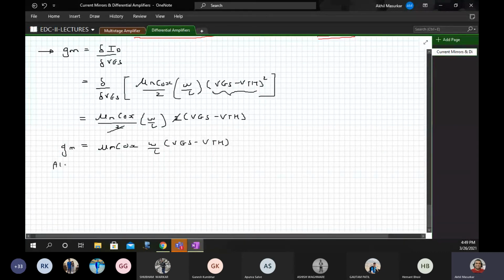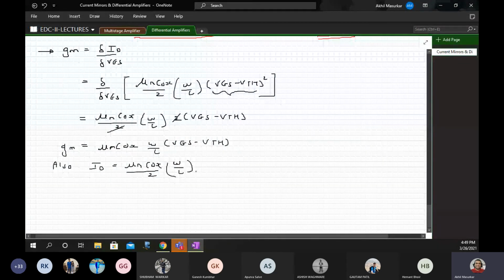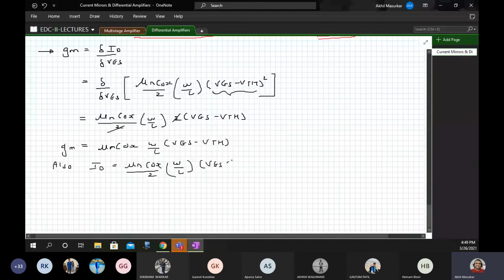Also, ID, as we have written before, is mu n COX by 2 W by L into (VGS minus VTH) the whole square.